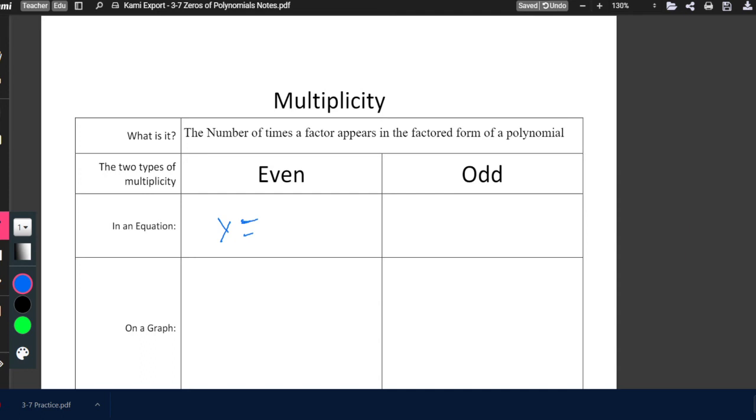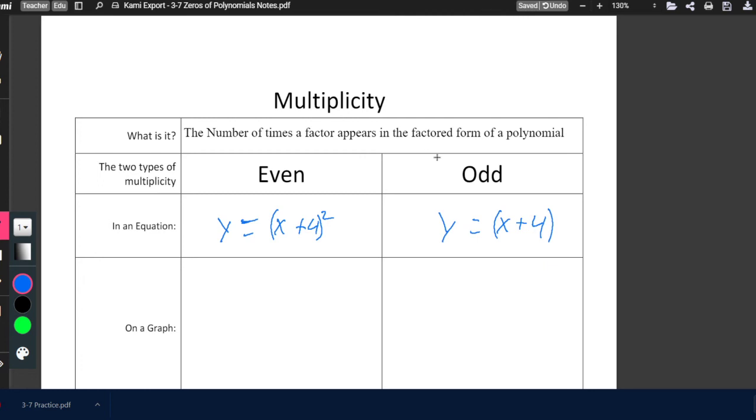So y equals (x plus 4) squared, and over here we'll go y equals x plus 4, it's odd.